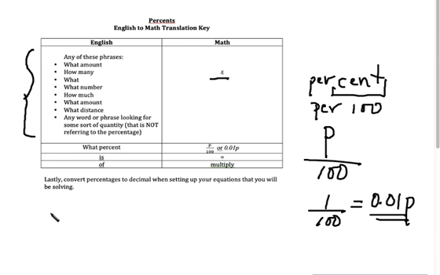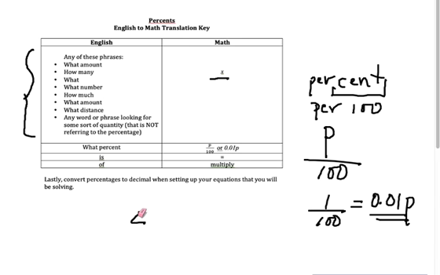If you heard, what is half of 4, you're really multiplying. Half of 4, you can cross simplify here, is 2. So when you hear the word of in math, we're talking about multiply.